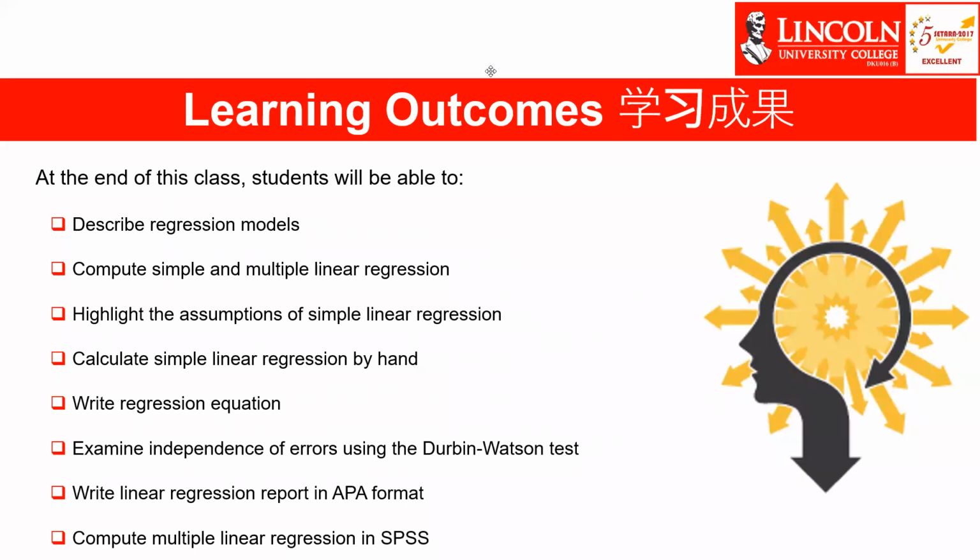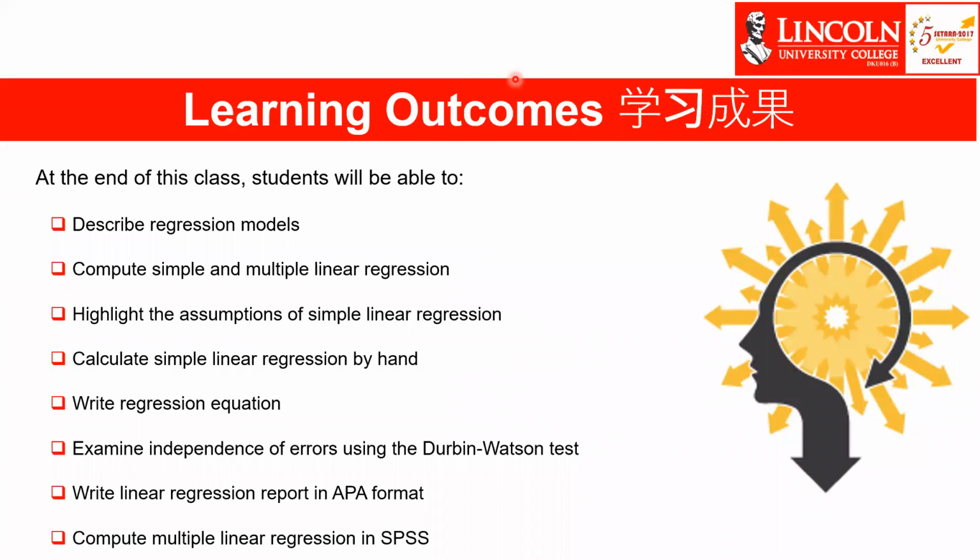So for this regression analysis, you should be able to describe regression models. You should be able to compute simple and multiple linear regression, highlight the assumptions of simple linear regression, and calculate simple linear regression by hand.